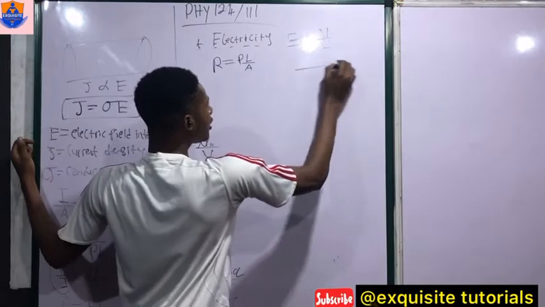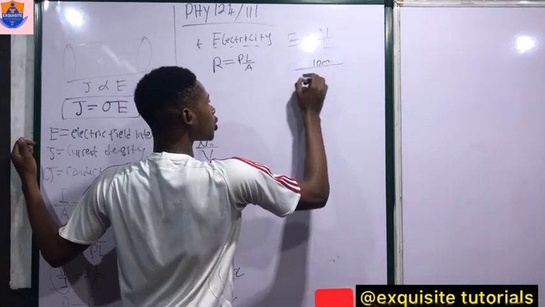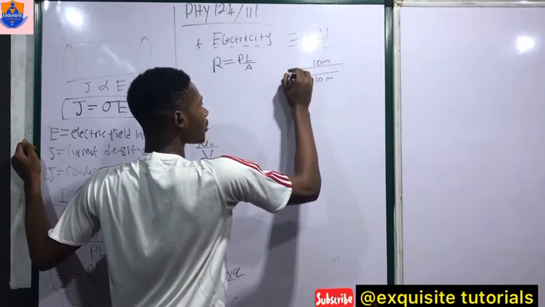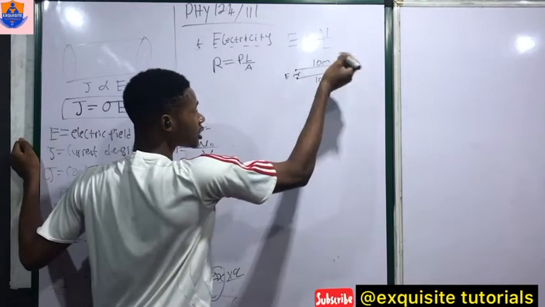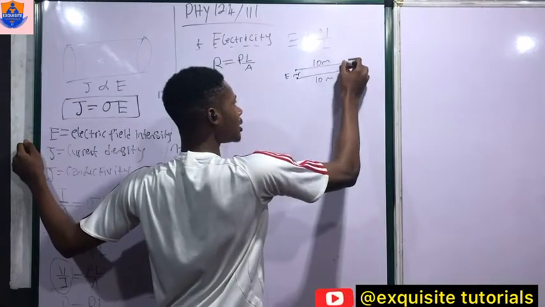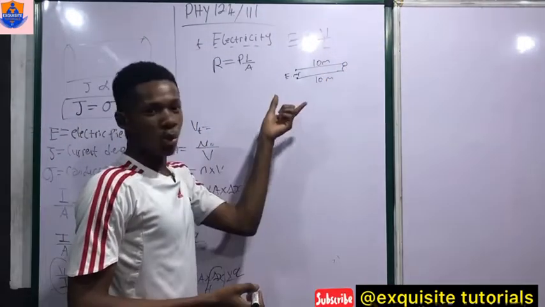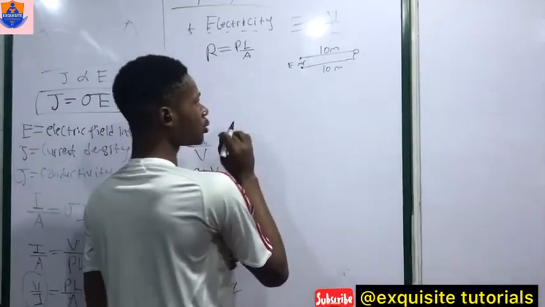Now, if for example we have two conductors, let's say two copper wires of 10 meters each, and we apply an electromotive force or a potential difference at this end and connect a bulb to the other end. When the bulb is lit, we observe the brightness of the bulb.